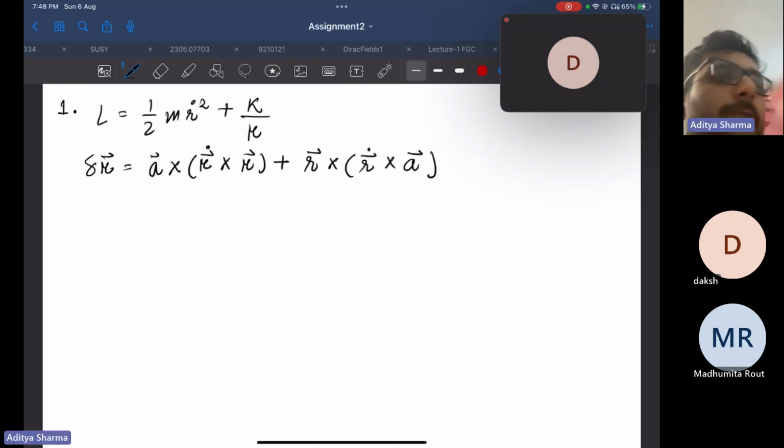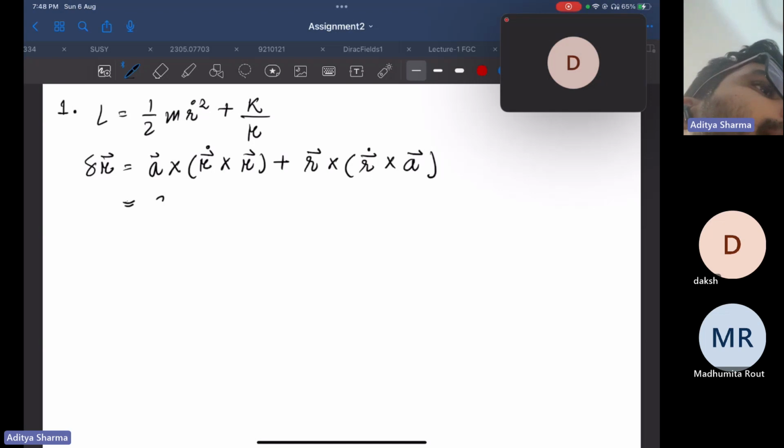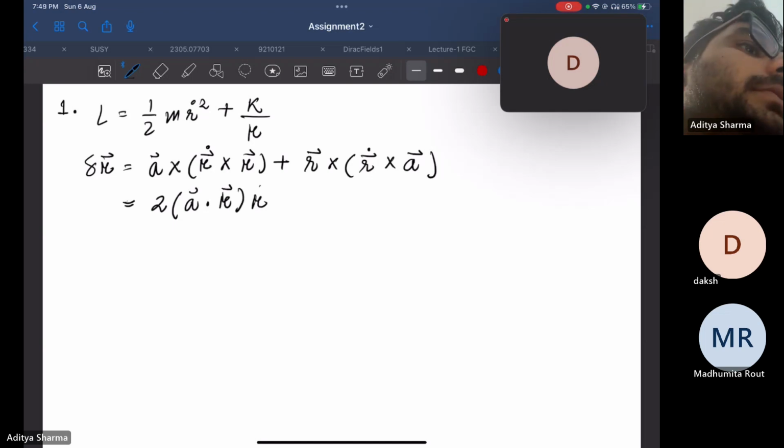This is the symmetry transformation which we want to do in R. This can also be written as this. I'm directly copying from some place there in Wikipedia. Minus a vector dot.